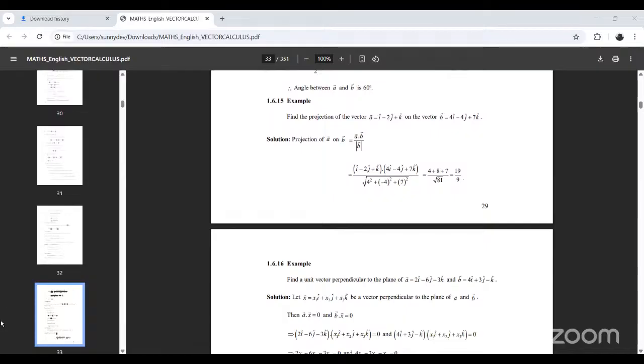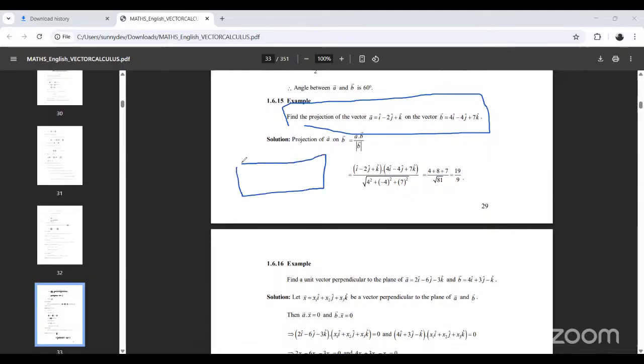Okay, and here one more thing: find the projection of the vector, where they gave vectors A and B. So projection of A on B. Before that, we have to learn what the meaning of projection is. Projection is nothing but an image. Suppose there is a tub filled with water, and we have a pen raised above the tub.